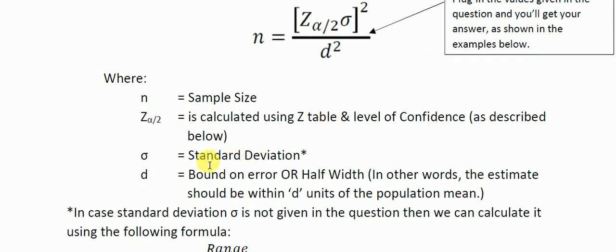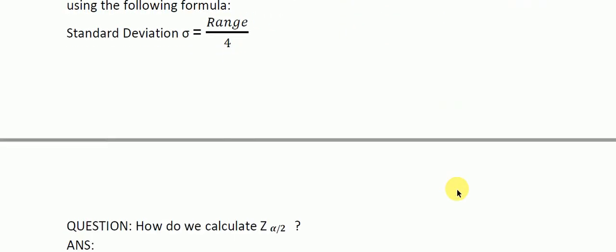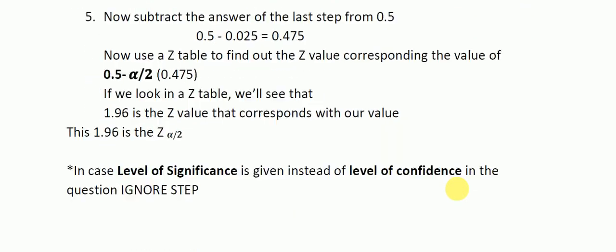D is the bound on error or half width. In other words, the estimate should be within d units of the population mean. The question will state that the estimate should be within this many units of the population mean, and that's the d value. This might not be clear at this moment, but just give me a moment, then it will clear inshallah.